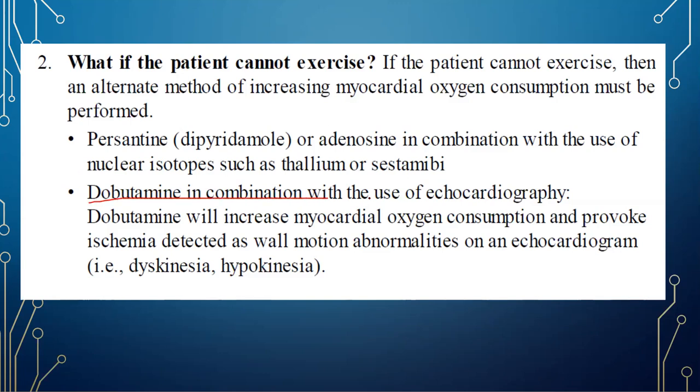Usually we do the dobutamine stress test, which means you give dobutamine to the patient and dobutamine will cause the same stress on the heart as if you are running on the treadmill. Dobutamine will increase the myocardial oxygen consumption and provoke ischemia if there is any ischemia in the heart. Usually we call it dobutamine stress echocardiogram because you need to do an echocardiogram and give the dobutamine in this patient.